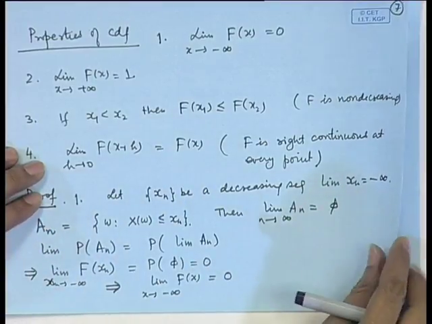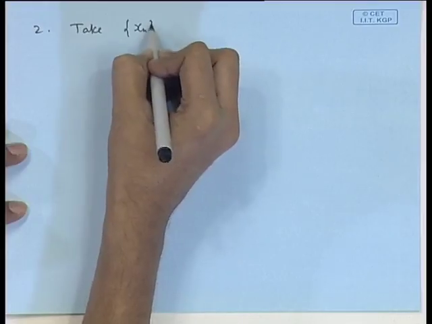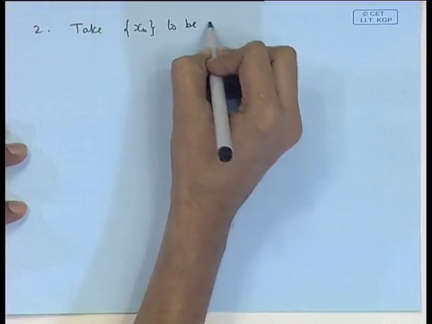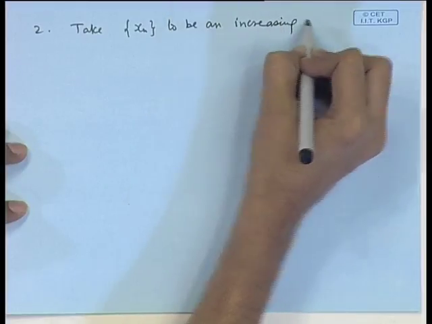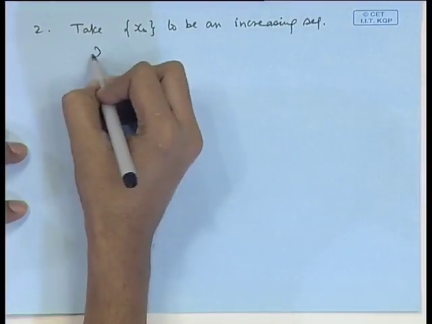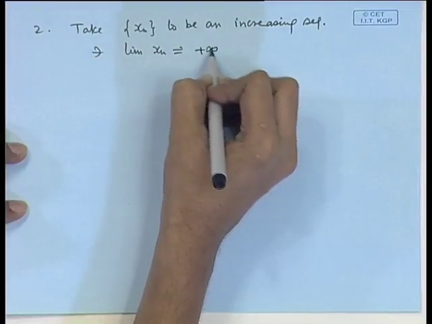In a similar way, we can consider a sequence which is increasing to plus infinity, and then if we take the limit, take x n to be an increasing sequence such that limit of x n is equal to plus infinity.